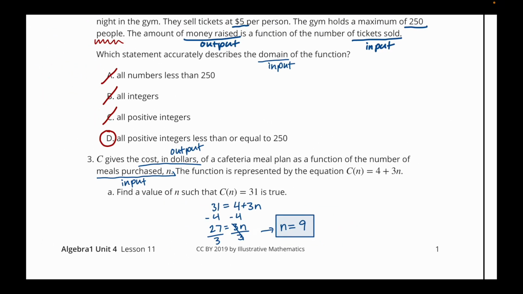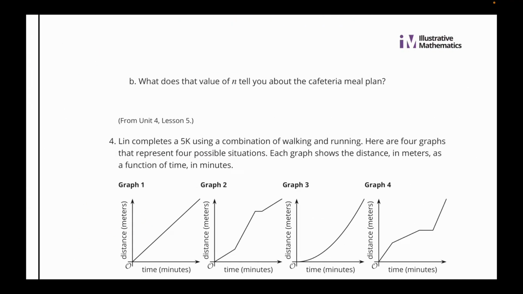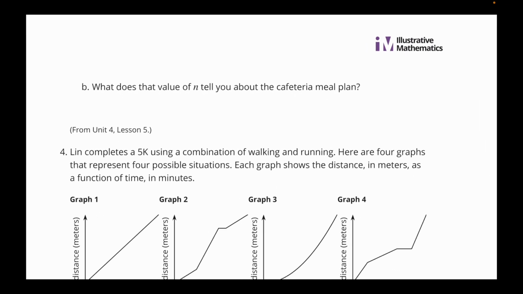So there is a part B to this. So let's switch to the back of the page. It says, what does that tell you about the cafeteria meal plan? Well, that tells us that the number of meals purchased, if that was 9, would cost $31.